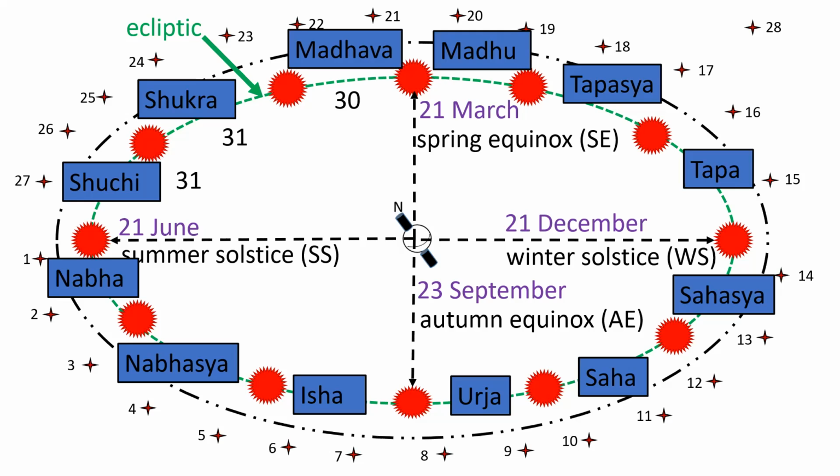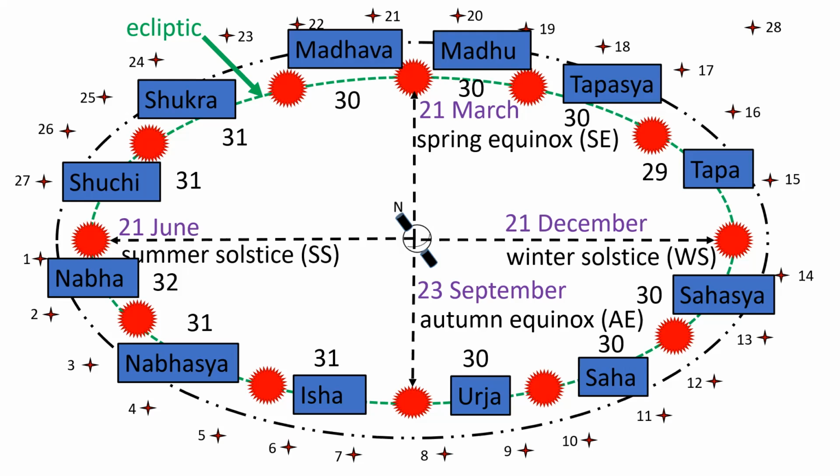Now, interestingly, the month of Nabha in our times has a length of 32 days. Nabhasya, 31 days. Isha, 31 days. Urja, 30 days. Saha, 30 days. Sahasya, 30 days. Tapa has an actual length of 29 days. Tapasya, 30 days.